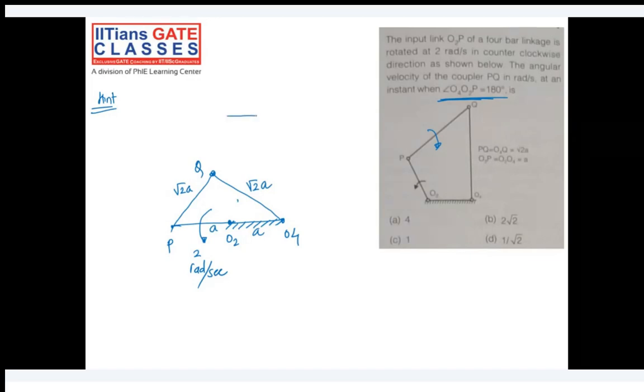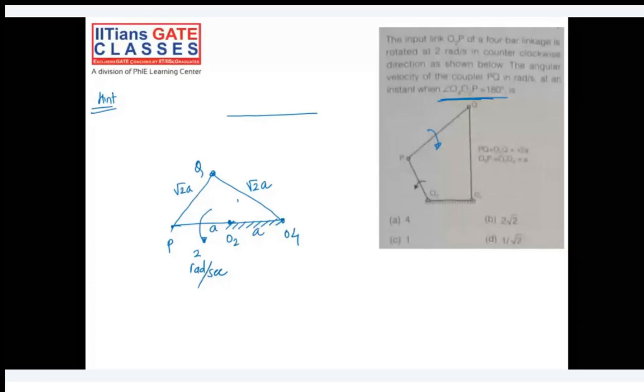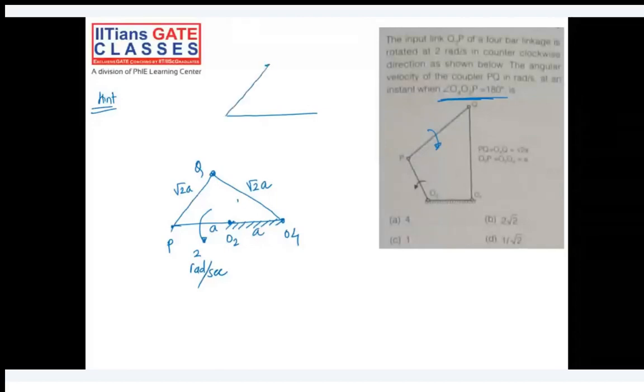So it looks, I think it looks like this: A, root 2A, root 2A. Figure looks like this.